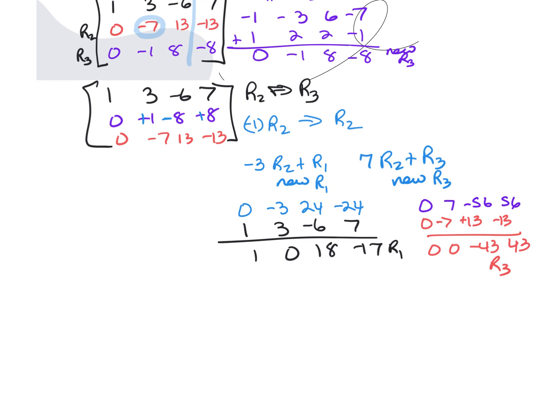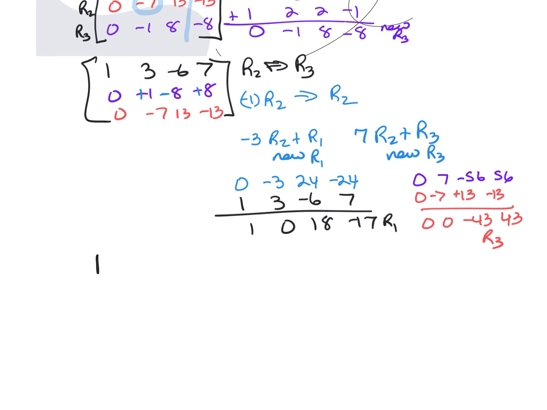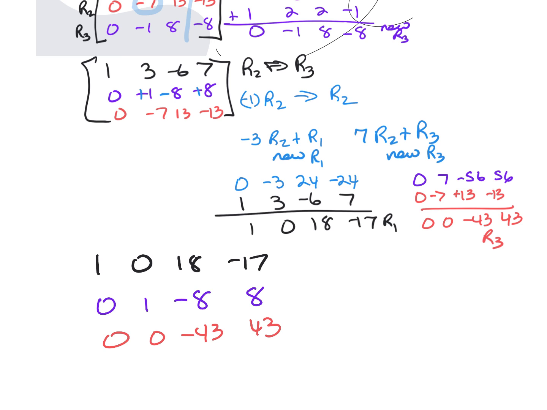So now let me rewrite my matrix. So my row 1, 0, 1, 0, 18, -17. Then my row 2 is the same. It's the purple, 0, 1, -8, +8. And then the row 3, 0, 0, -43, +43.